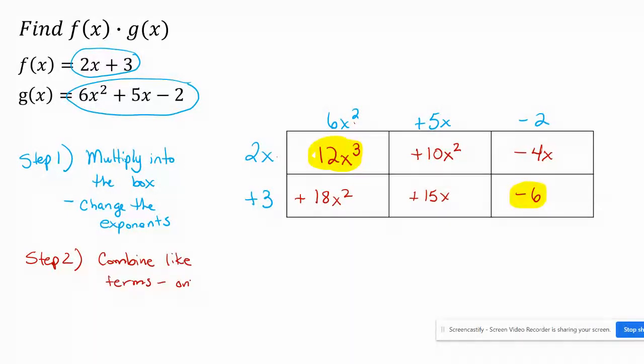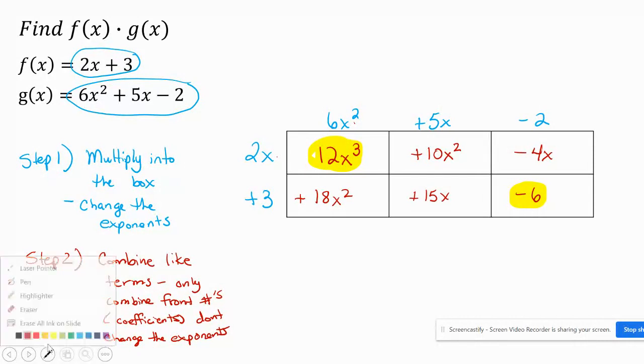So you're only combining front numbers, or the coefficients, that's what those are called, right? Coefficients. Don't change the exponents. All right.